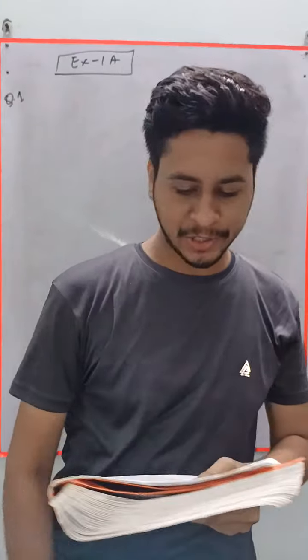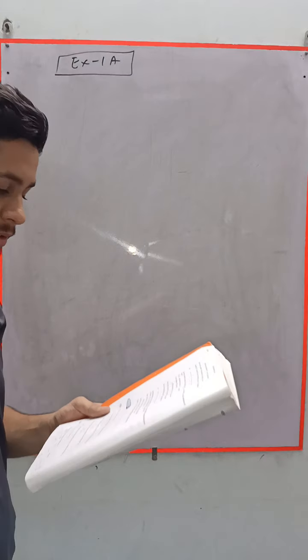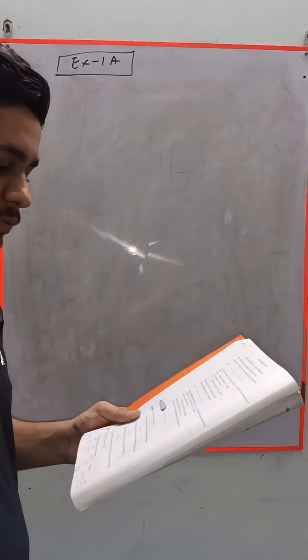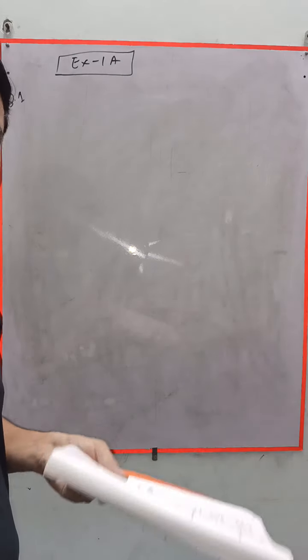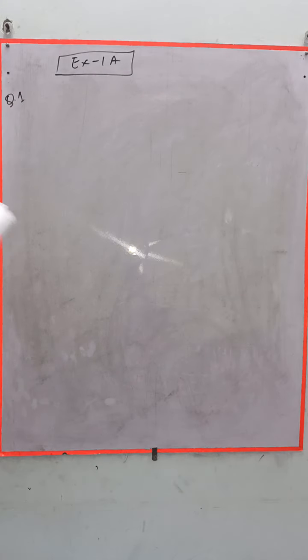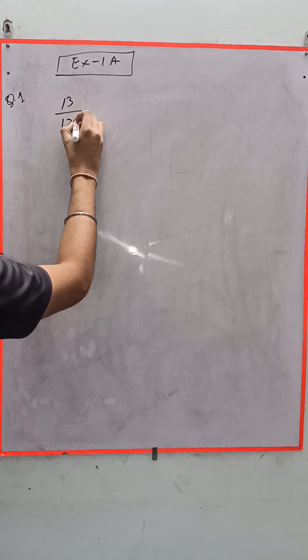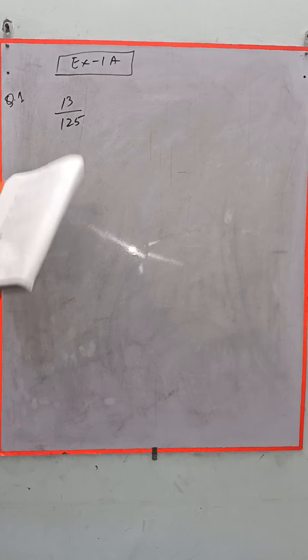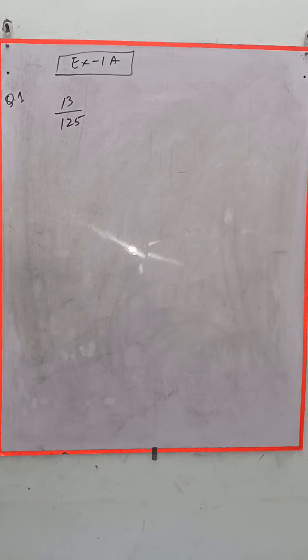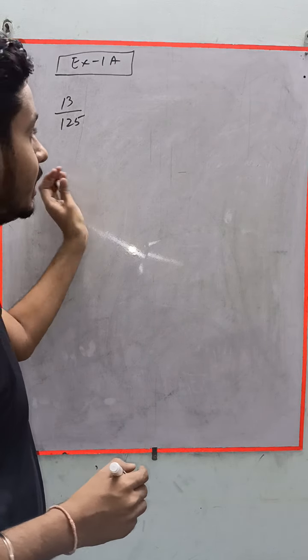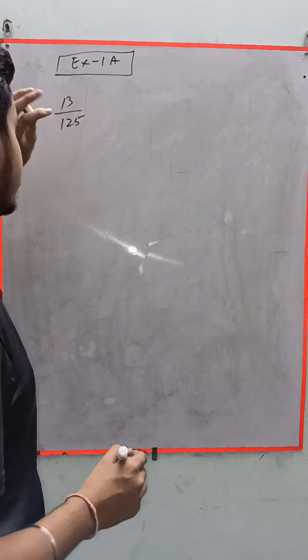Okay, so let's start with the first question. They are based on rational numbers as decimal numbers. First, A1. Which of the following will change into a terminating decimal? Justify. So the first question is 13 upon 125. Will it change into a terminating decimal? For that we need to see with the formula whether it is satisfying or not.